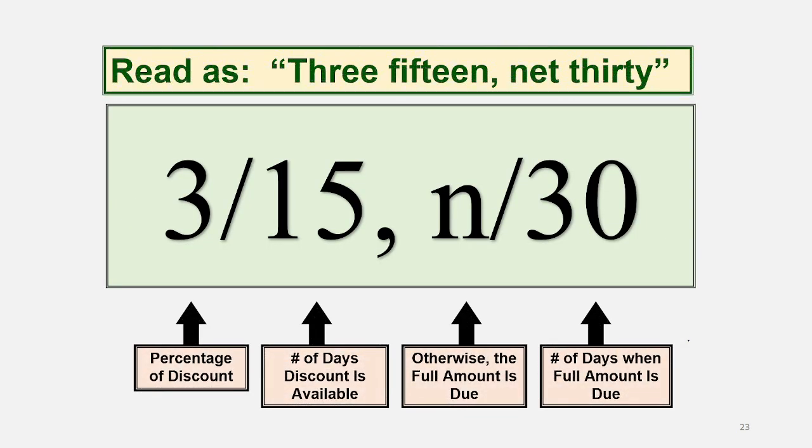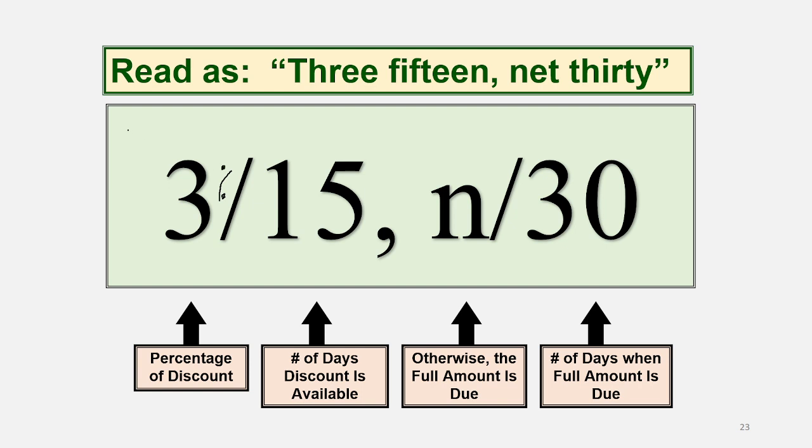Okay, this is a sample of credit terms, and the numbers can be different for different economic scenarios or events. We always read the credit terms from left to right. 3/15, net 30. But what is the meaning of this phrase? In fact, here the 3 represents the percentage of discount, and in this case it equals 3%.